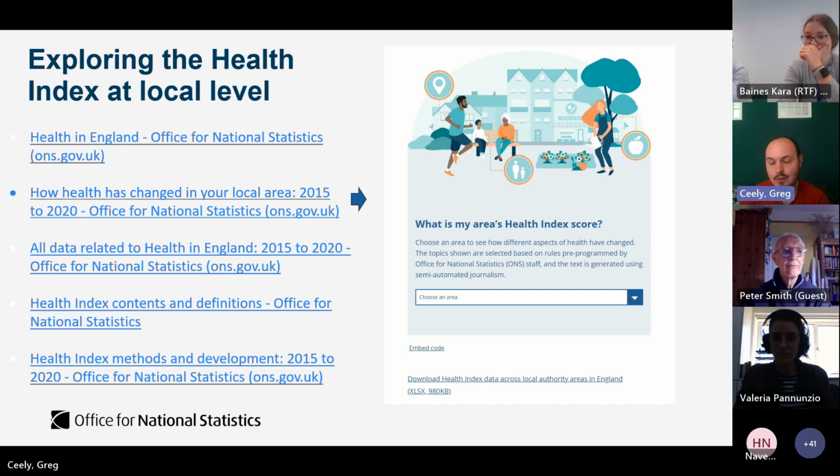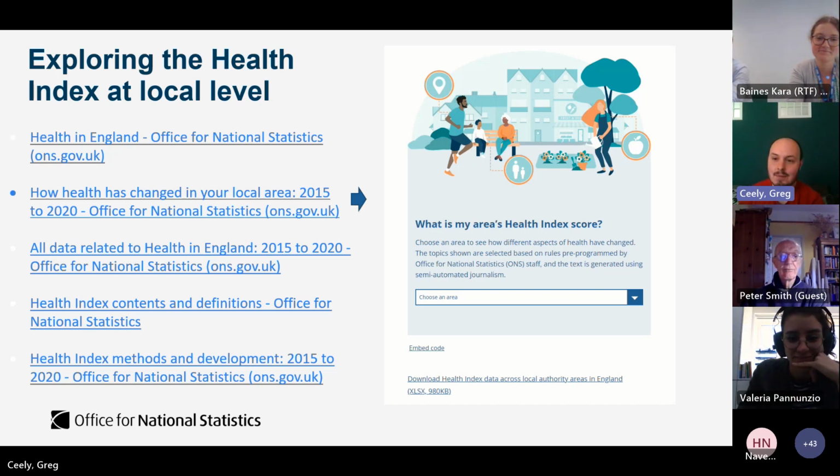This slide, and we'll share all slides afterwards, has links to our latest outputs on the Health Index, both our National Insights Bulletin, which features that map, and tools such as our Local Insights robo-journalism piece. This is a particularly exciting one that we're very proud of. It uses semi-automated journalism to identify the key features of the Health Index's results for your local area.